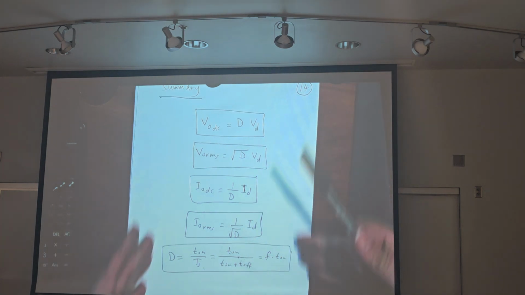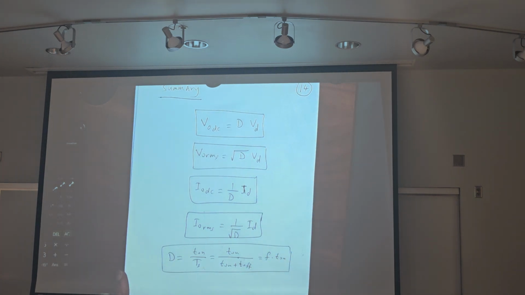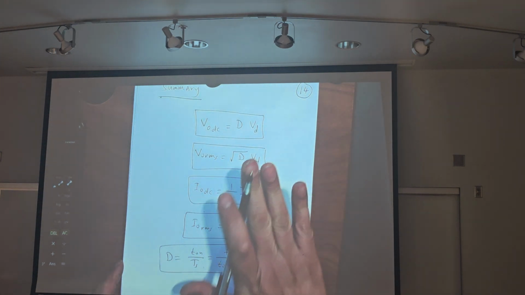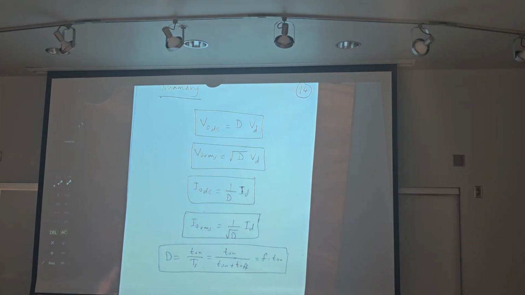So, any question about these equations? You can use these equations or this lecture note in the exam, okay? Now, power input, power output, and the efficiency of the DC chopper.